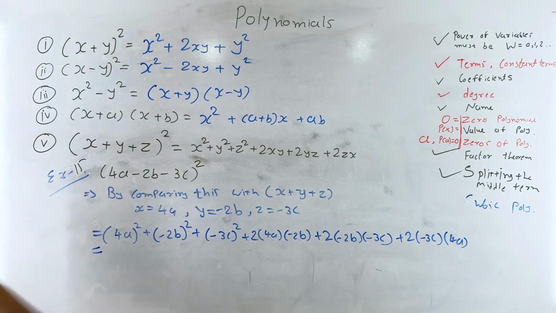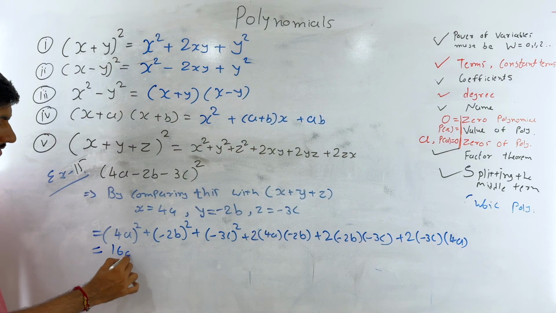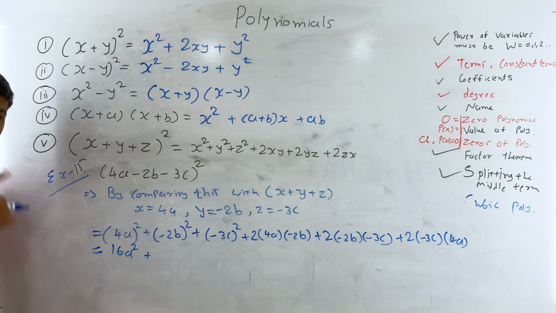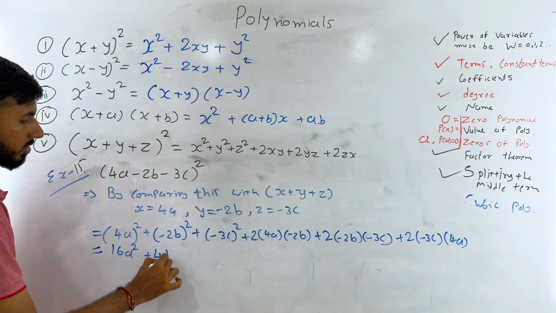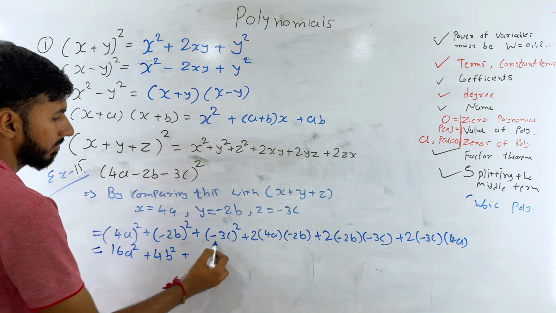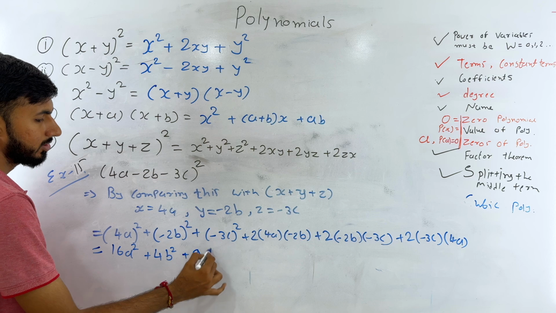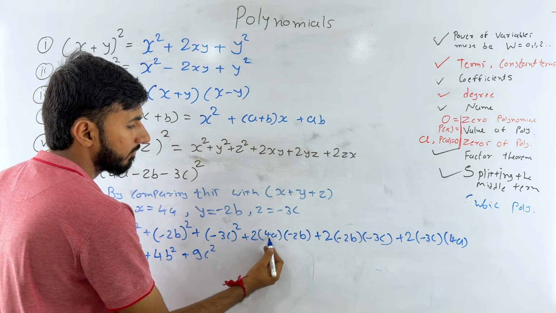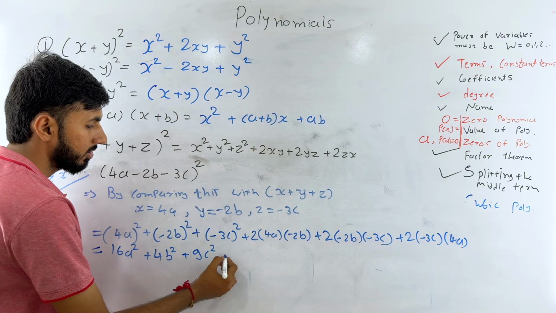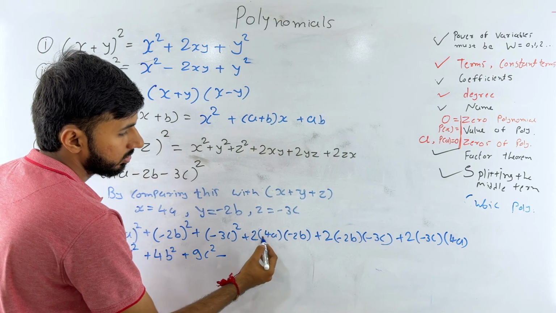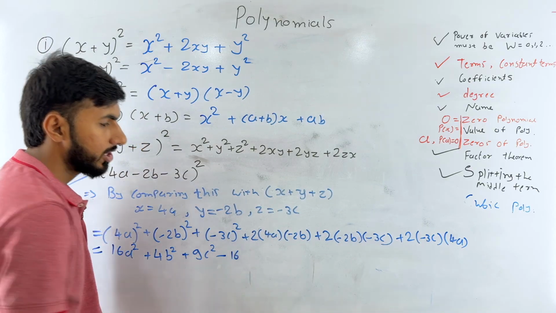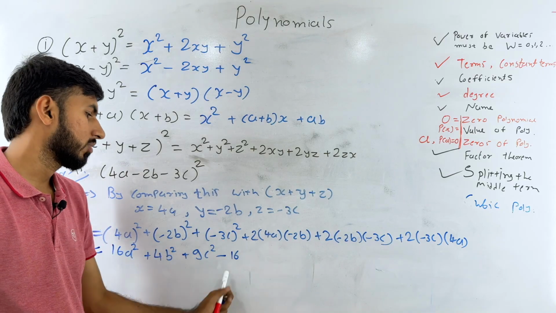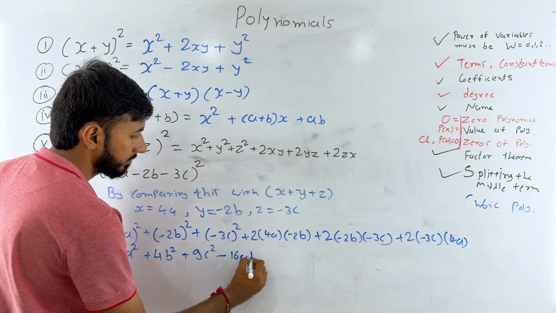Now 4a square will be 16a whole square, minus 2b square will be plus 4b square, minus square will be plus, right? Minus 3c square will be 9c square, right? Now here 2 multiply 4 multiply minus 2, that will be minus 16, right? 2 multiply 4 is 8, multiply minus 2, minus 16ab.